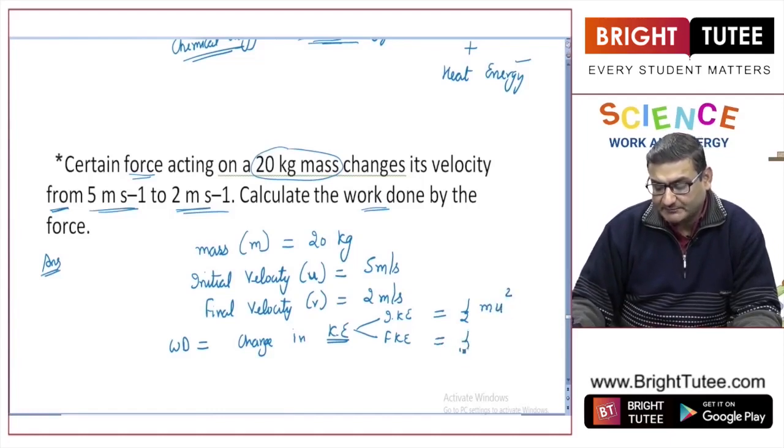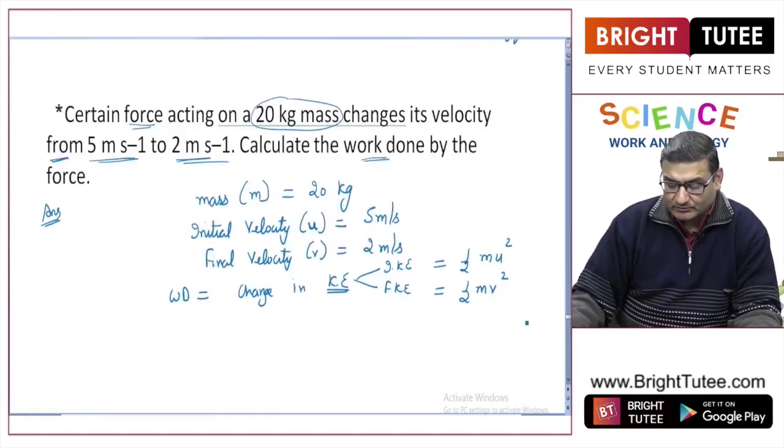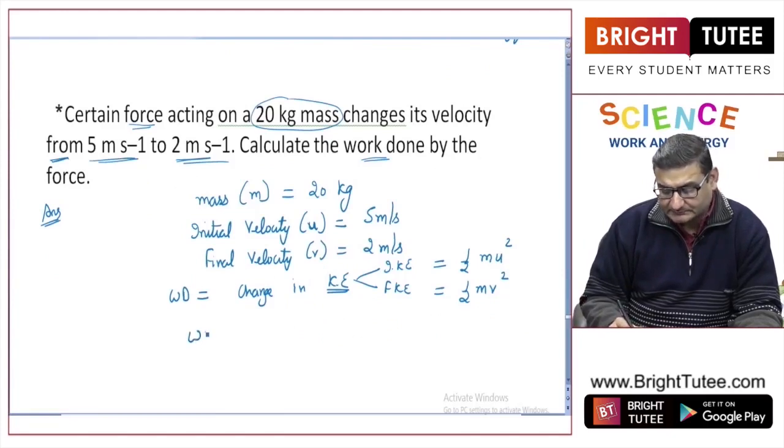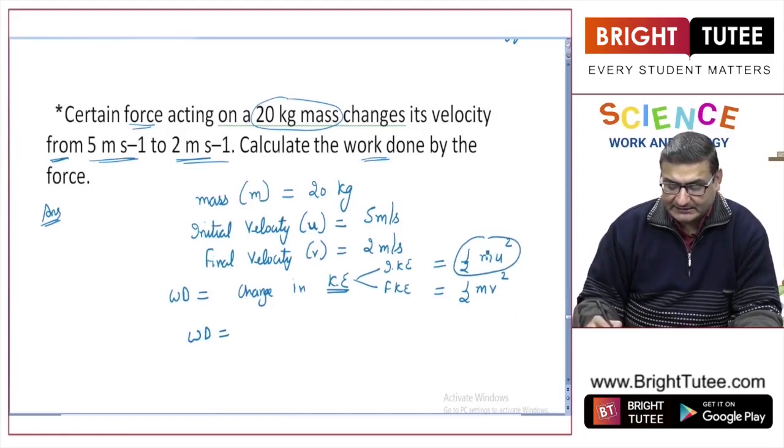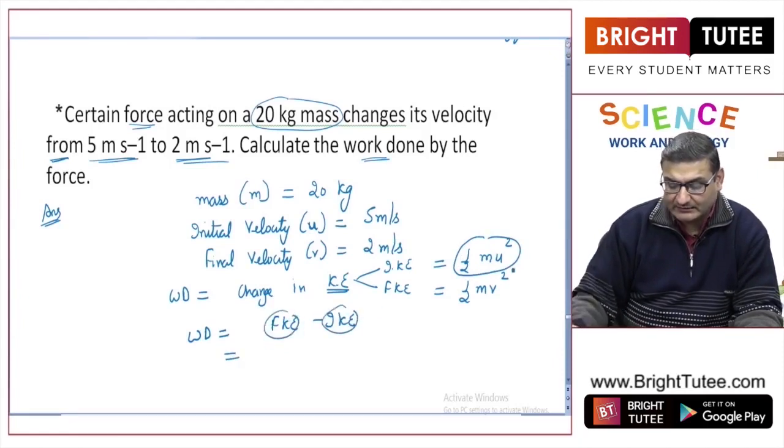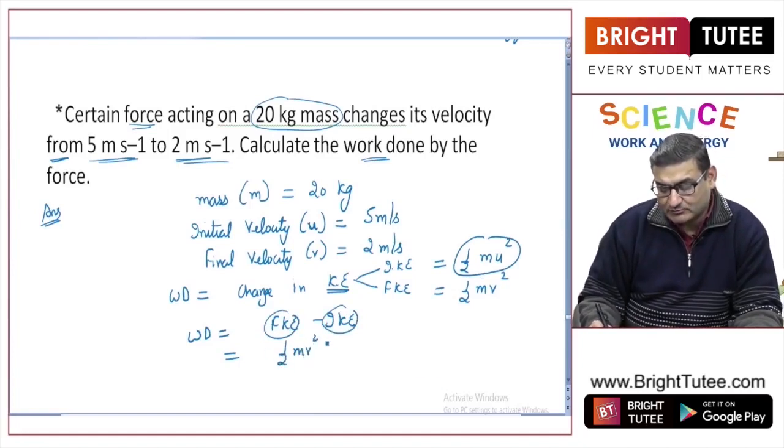Final kinetic energy will be half into m into v square, right. So, the work done is the change in kinetic energy, meaning the difference of these kinetic energies. Difference in kinetic energy will be final kinetic energy minus initial kinetic energy. We can calculate the final and initial separately, or we can just put it as half mv square minus half mu square.